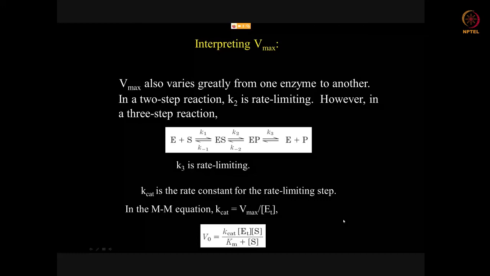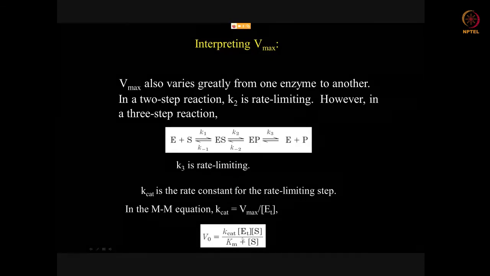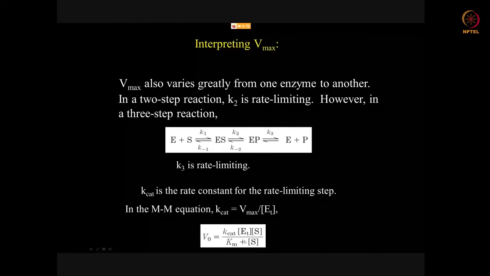And when you have this substituted in the Michaelis-Menten equation, then if you look at different situations, suppose you are looking initially where S is really low, then V0 equals K-cat by Km, this ratio, times ET times S. So now the substrate concentration will be linearly related to V0.